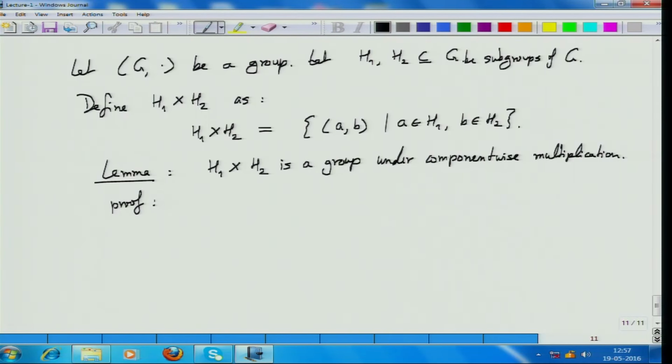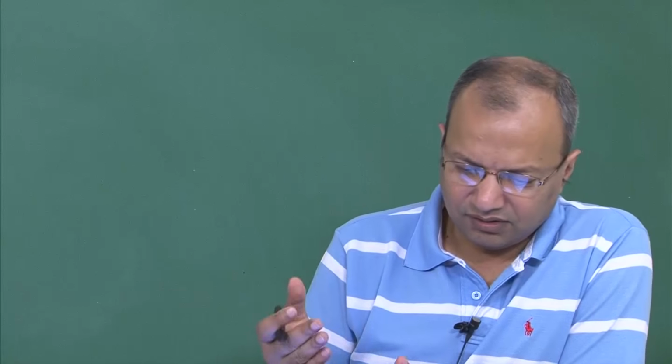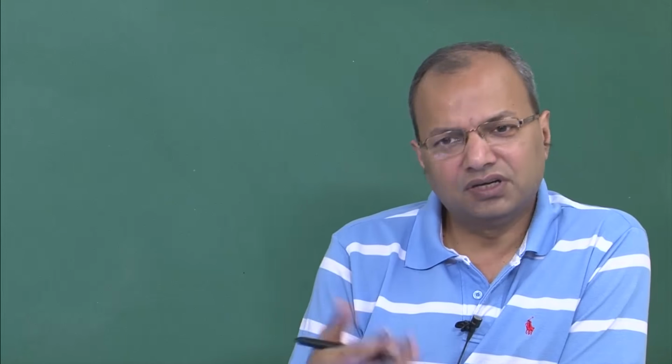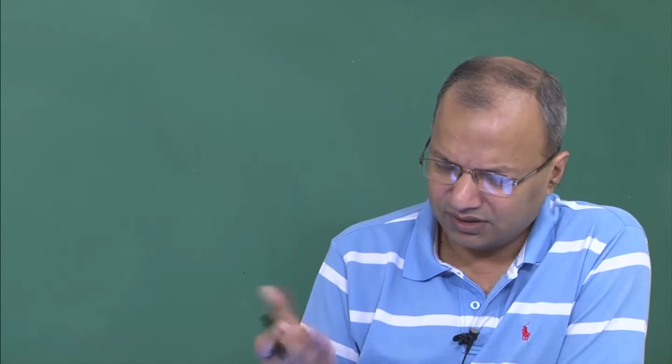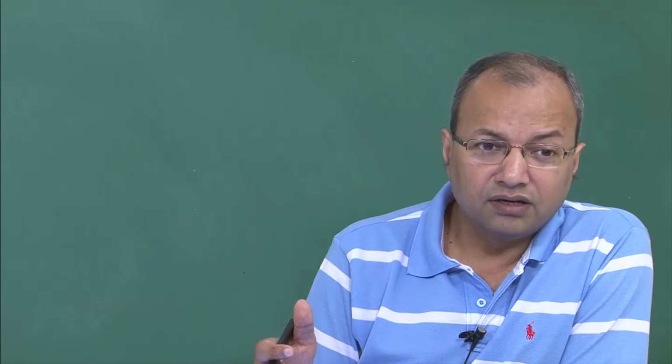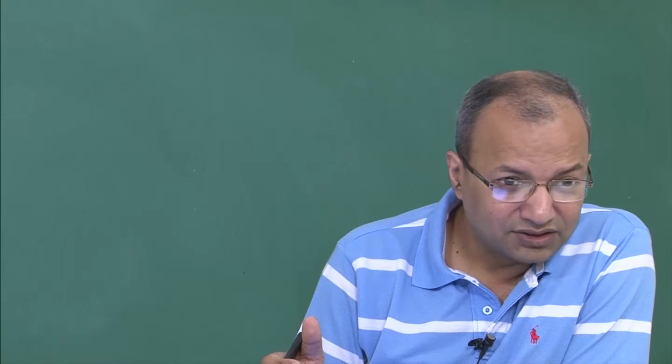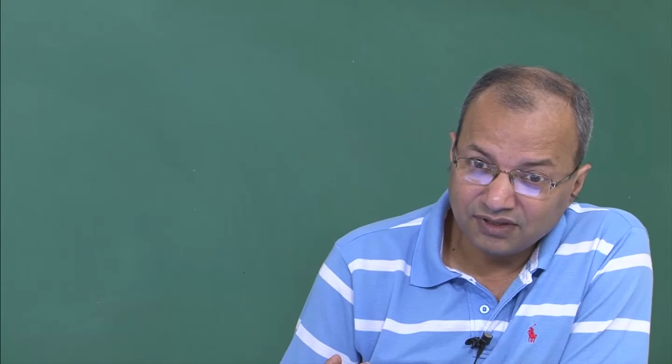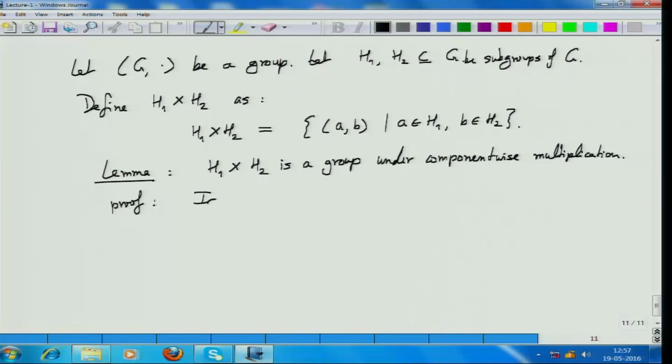And if H1, H2 are commutative, then so is this; if not, then no. Then identity, what is the identity? It is the pair 1, 1: the identity of H1, identity of H2, which both happen to be the same because they are both subgroups of G. Inverse, again borrowed from H1, H2.